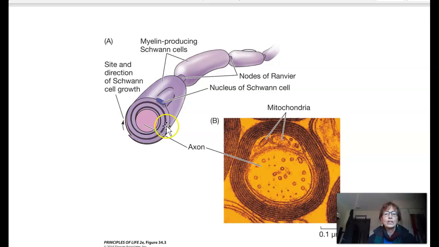On this picture, you can see this is a single Schwann cell. Here's the axon on the inside. Here's the cell body, where this Schwann cell would be if we were to unwrap it. You'd see it there. And so it's forming this myelin in the peripheral nervous system. Here's another one, and here's another one. Each of these individually are Schwann cells.